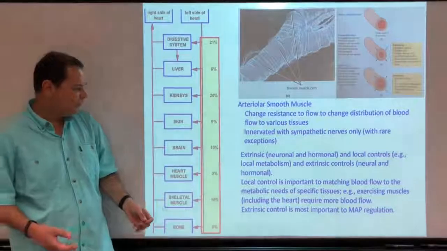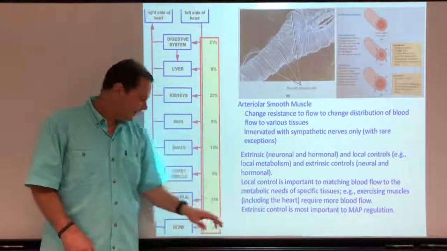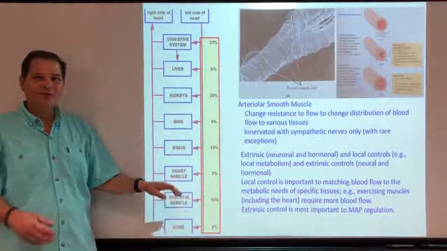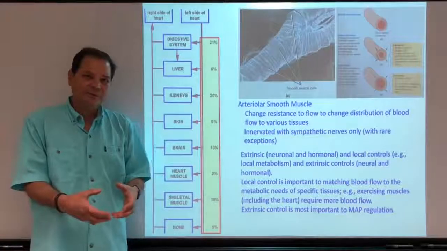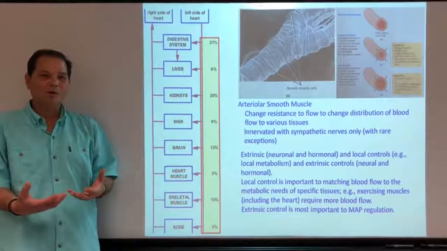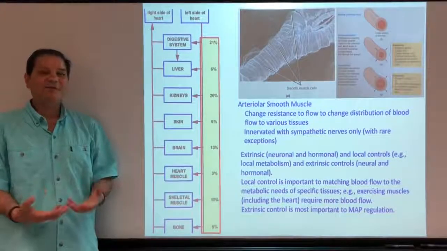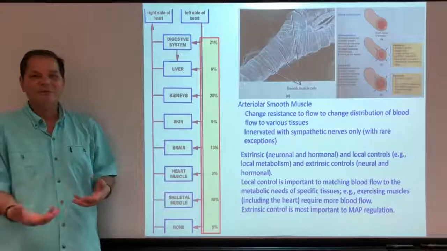And so what you'll find is that the metabolites build up in the skeletal muscle, and those local metabolites cause a vasodilatory response so that you'll get more blood flow. So your blood flow will more closely match the metabolism in the tissue. More metabolism, more flow; less metabolism, less flow.